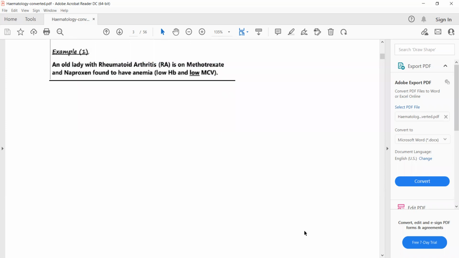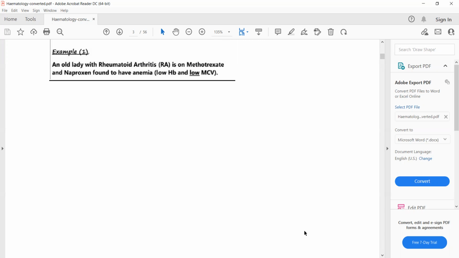So we discussed that there are two chronic diseases which can be associated with microcytic and hypochromic anemia: rheumatoid arthritis and Crohn's disease. But you know that patients with rheumatoid arthritis take two medications.